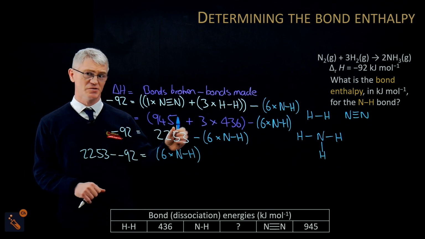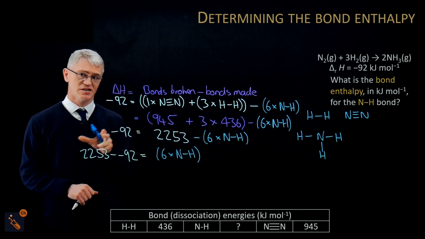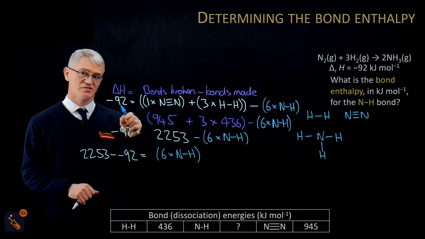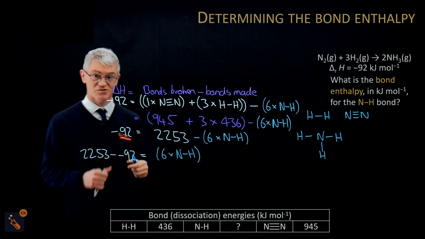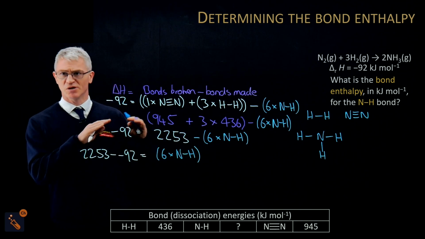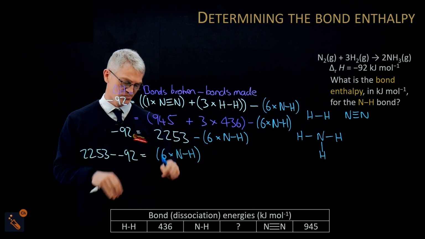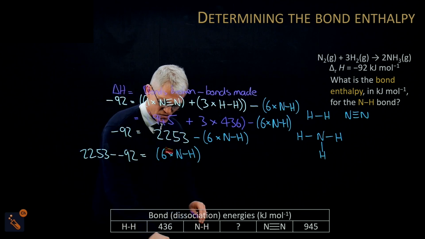Okay, now I find it easy, because I'm not really a mathematician, to go, right, okay, plus the N-H onto that side, and then minus the minus 92 from that side. And that's how I did it, right? Okay, because I'm not really a mathematician, I'm a chemist. Mathematicians find it easy, but there are chemists who are not mathematicians. Okay, so if that is the case, let's finish this off.